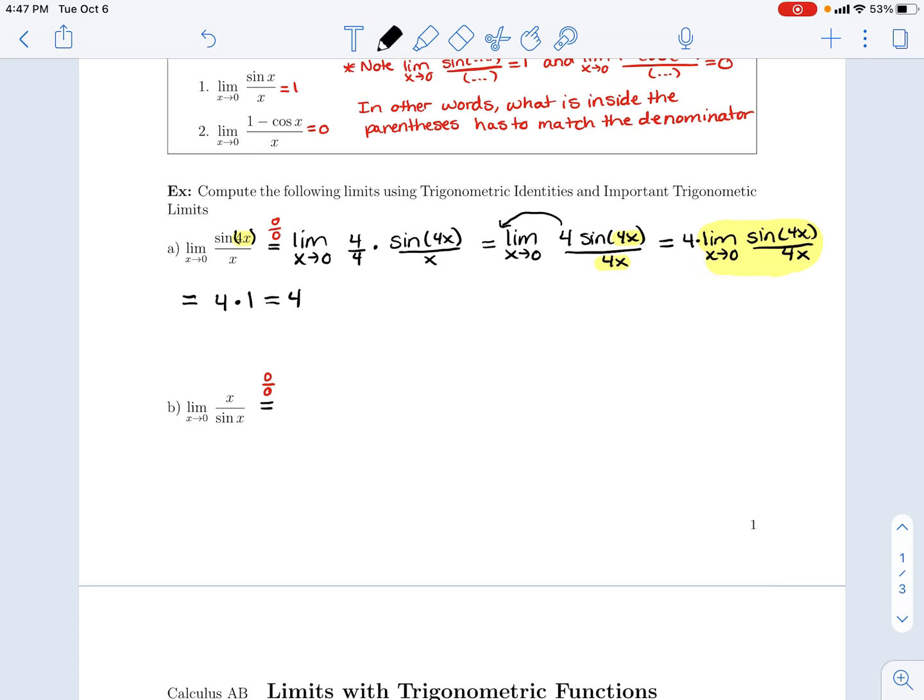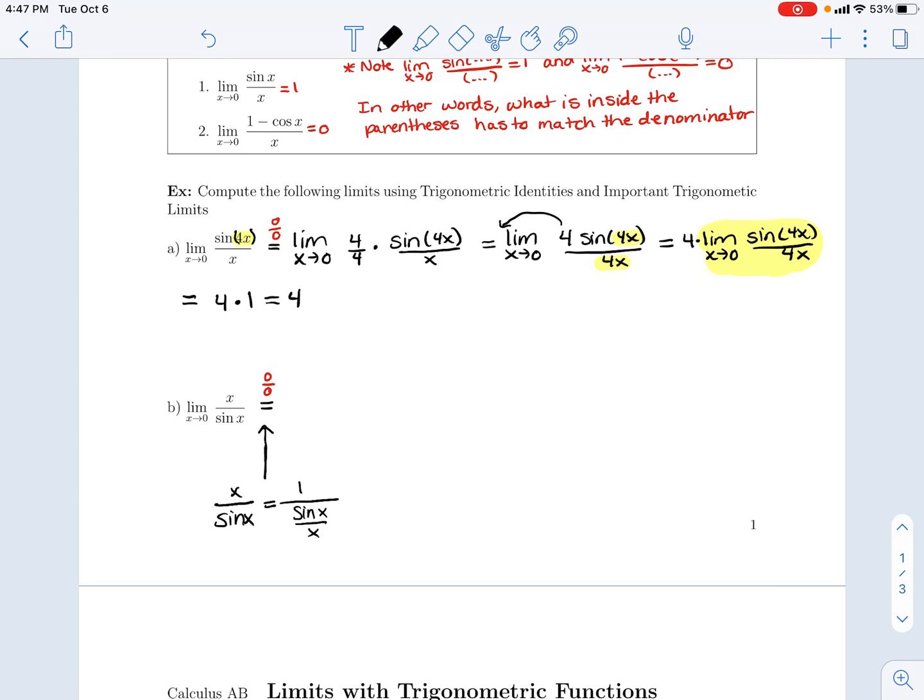That's the idea here. So I'm going to do something kind of weird, but this is what I'm going to remind you of here. So, x over sine of x is actually just equal to 1 over sine of x over x.